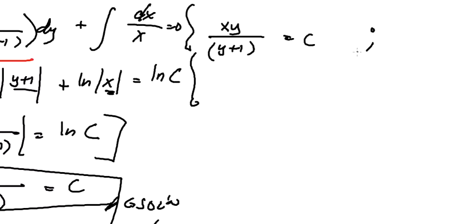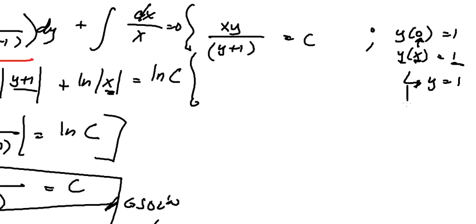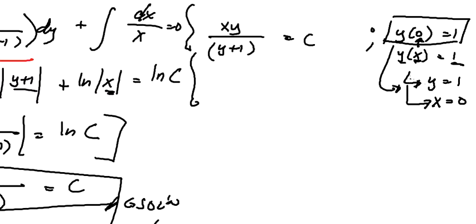From our initial condition, y(0) = 1, it only means that y(x) = 1 when x = 0, so we may use y = 1 and x = 0.